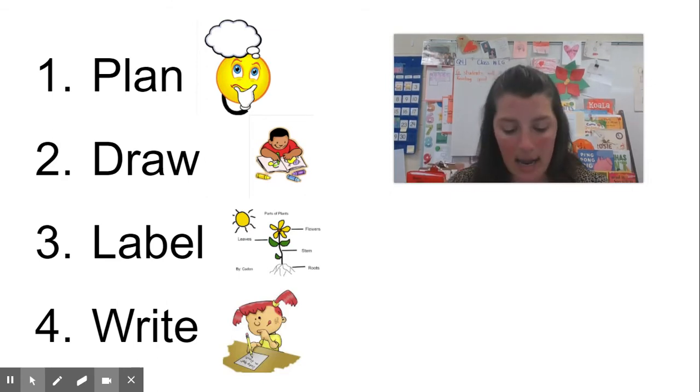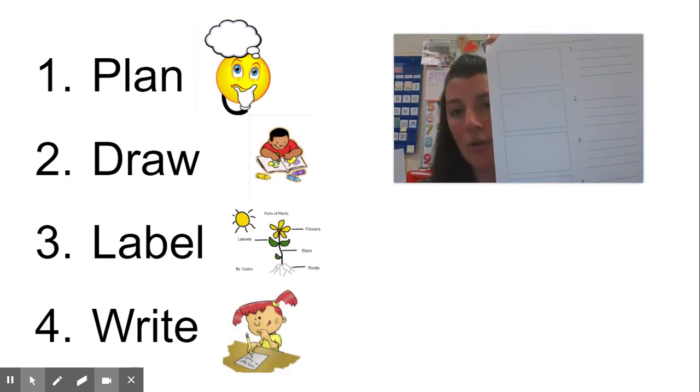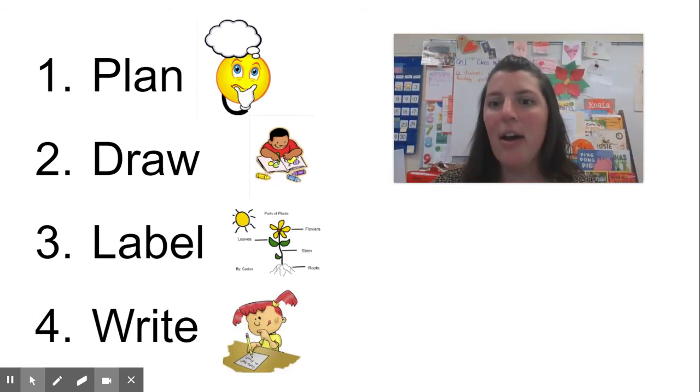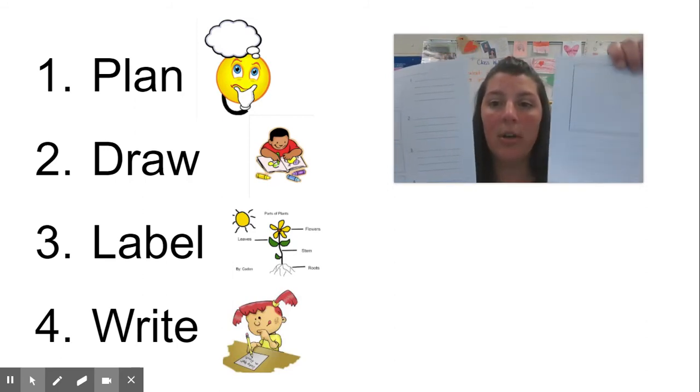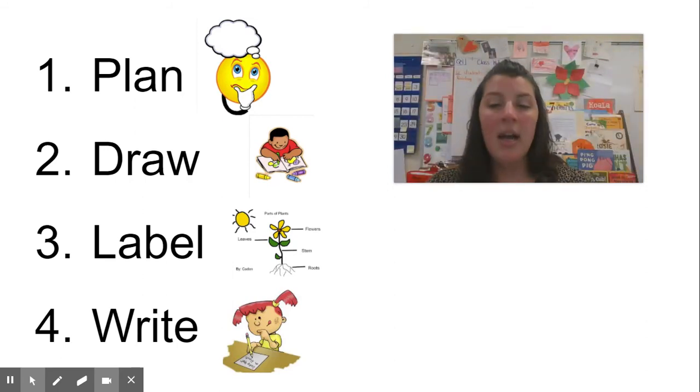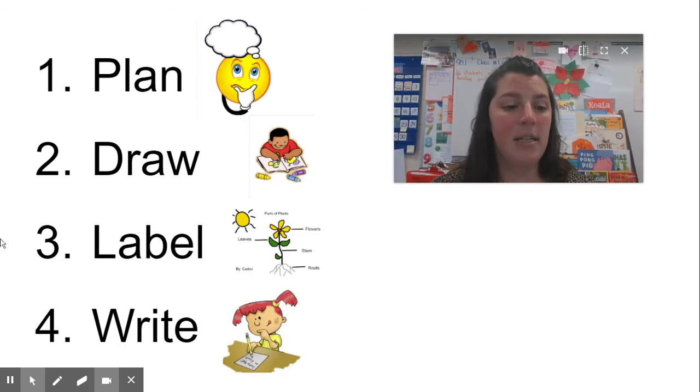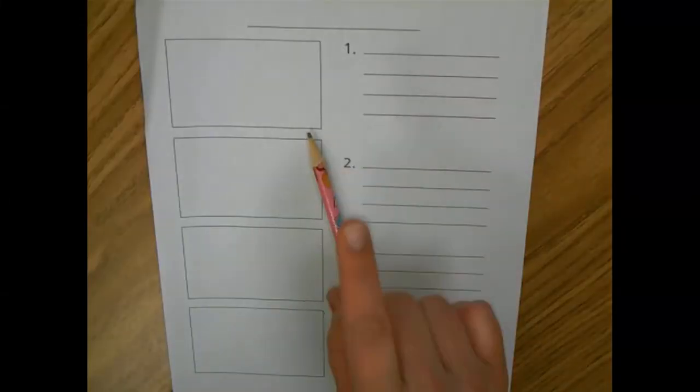So today, I think I'm going to start a new how-to book about planting a flower. So I'm going to work on that under the camera to remind you how you go through each of these steps. When it's your turn to write, you can choose how-to book or information books, and you can follow the steps too. All right, friends, so I'm going to try to get the first couple steps of my how-to book done.